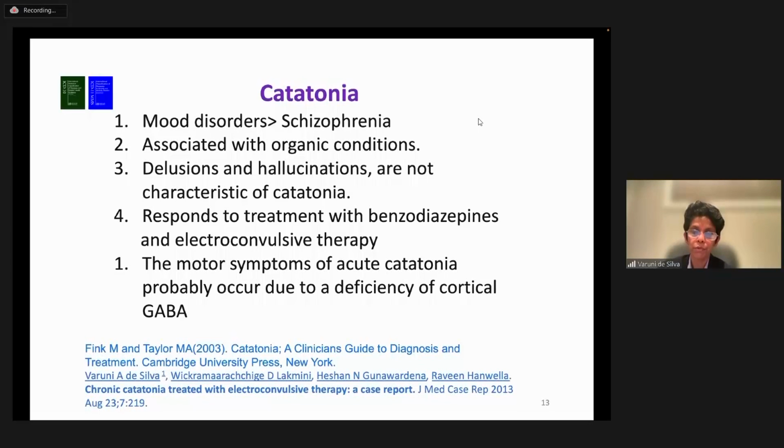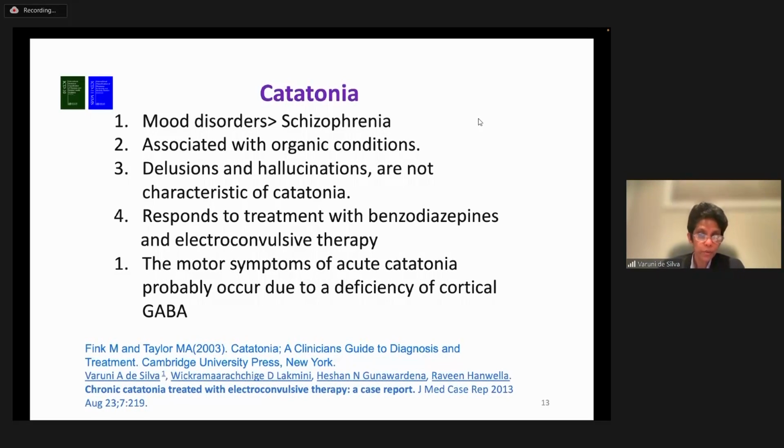Just sort of quickly going through the reasons. So one is that catatonia is seen more in mood disorders than in schizophrenia, and also associated with organic condition. So that is one reason for saying it's not a subtype of schizophrenia. Then the classical symptoms of delusions and hallucinations are not characteristic of catatonia.